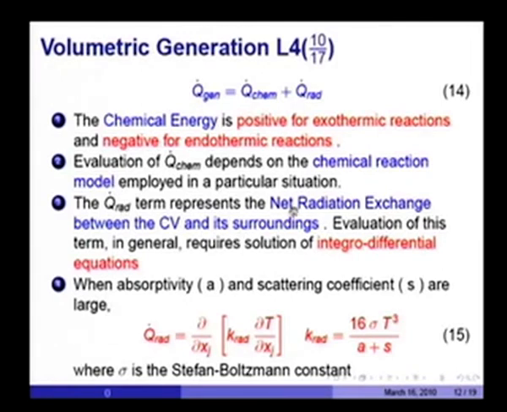Q rad represents the net radiation exchange between the control volume and its surroundings. Now, usually evaluation of this term would require what is called the radiation transfer equation, and it happens to be an integro-differential equation.